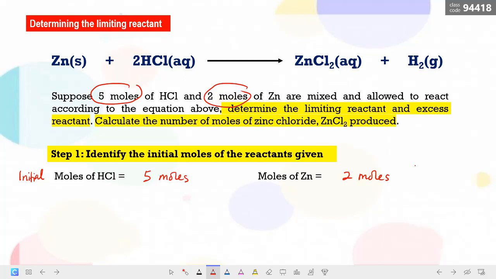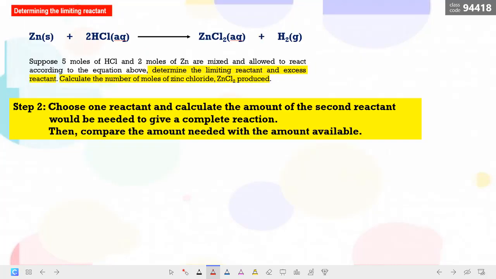Okay, now we are going to determine the limiting reactant. In order to determine the limiting reactant, choose one reactant and calculate the amount of the second reactant would be needed to give a complete reaction. Okay, yang itu kita kena buat dulu. So let's say I start with moles of HCl.